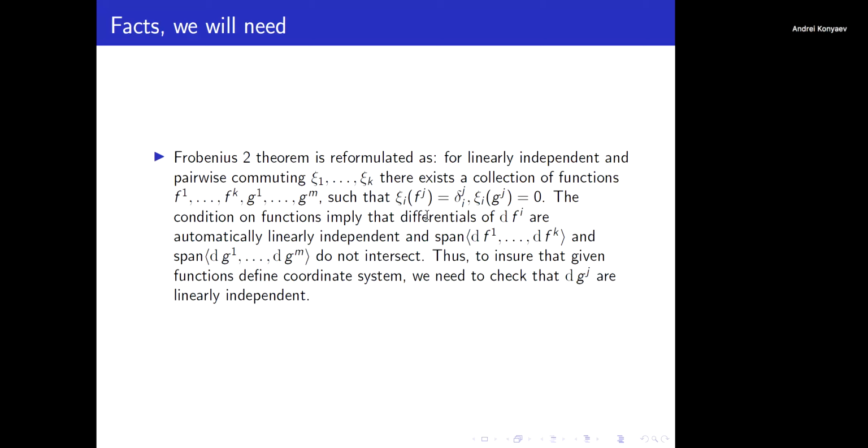This will in turn guarantee that the entire collection of functions f and g are all functionally independent, and you have a coordinate system. So the algorithm is like this. You start with the f, you find f for those xi's, then you find linearly independent integrals, and then you combine them together. They are already linearly independent. You have a coordinate system. So this is the trick we will use.